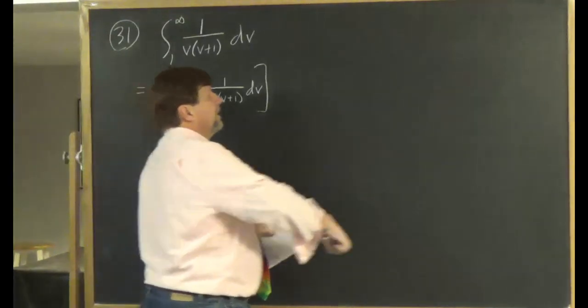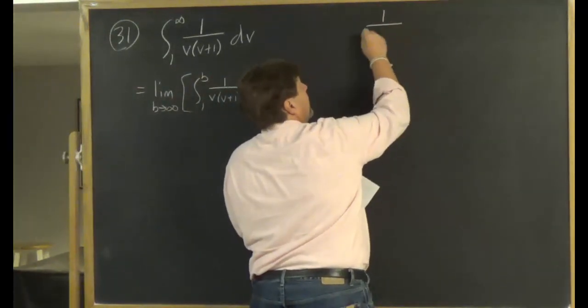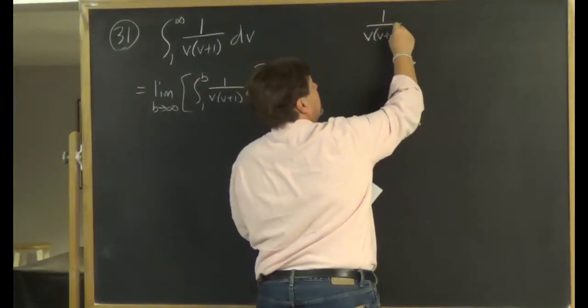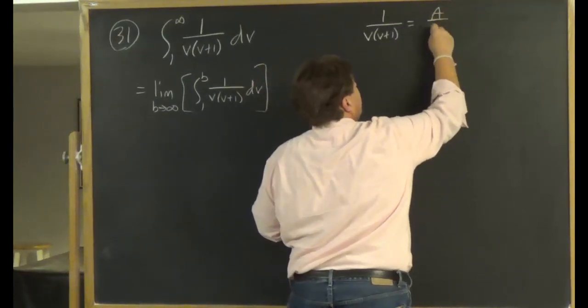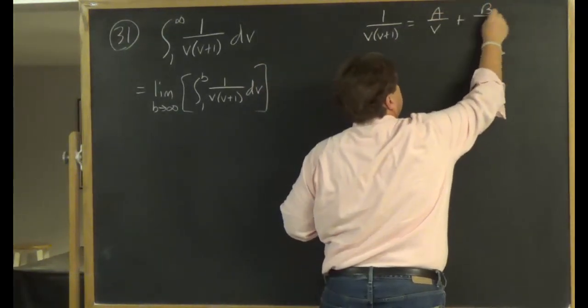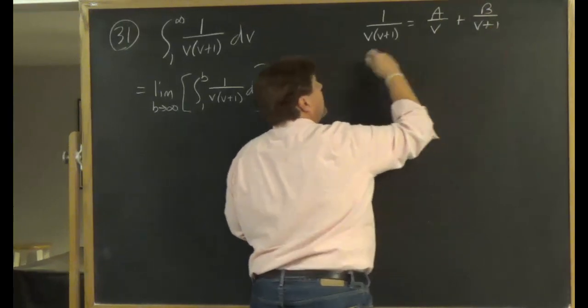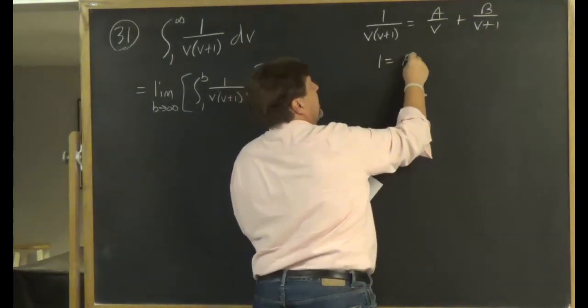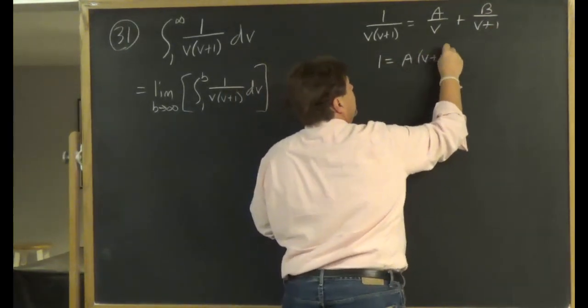It's so friendly. 1 over v times v plus 1 equals A over v plus B over v plus 1. Multiply both sides by the LCD.